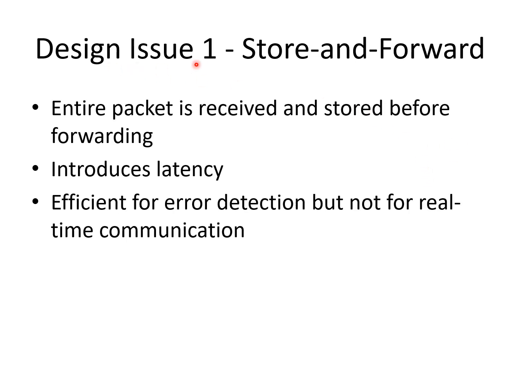Now we will discuss design issue 1, that is store and forward. Entire packet is received and stored before forwarding. Suppose device A sends a message to device B, then the whole message is received at the site of B and stored before forwarding.